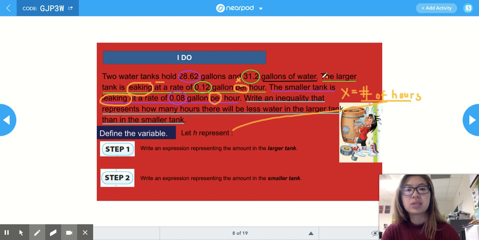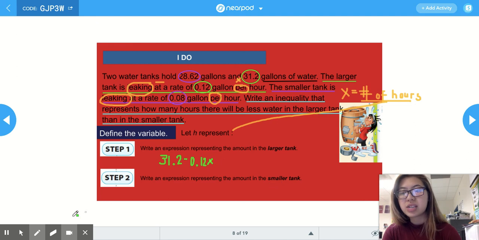The larger tank started off with 31.2 gallons of water. That is our constant, because it's our starting value, and because it's leaking, we're going to be subtracting 0.12x or h, whichever variable you want to use.